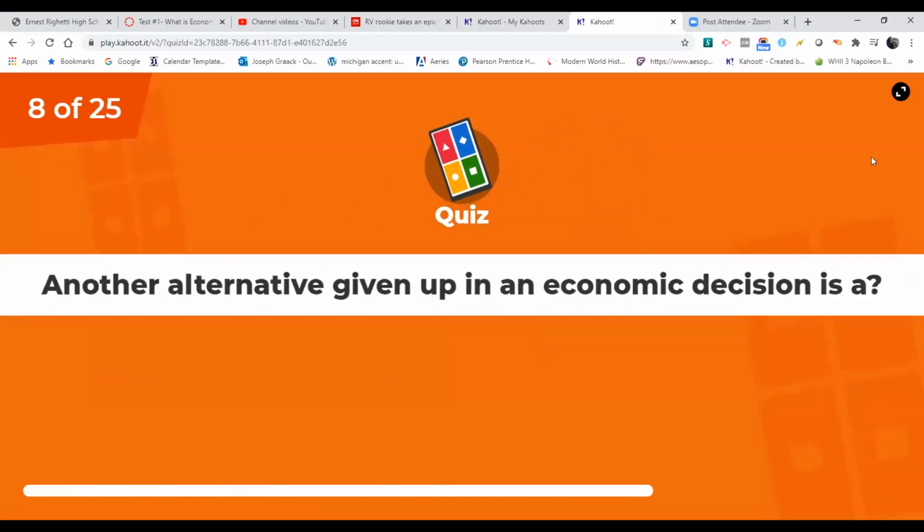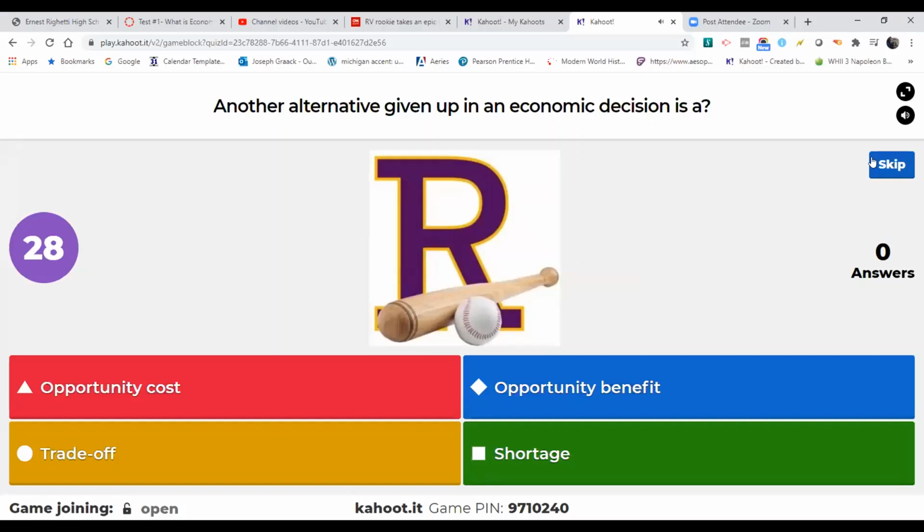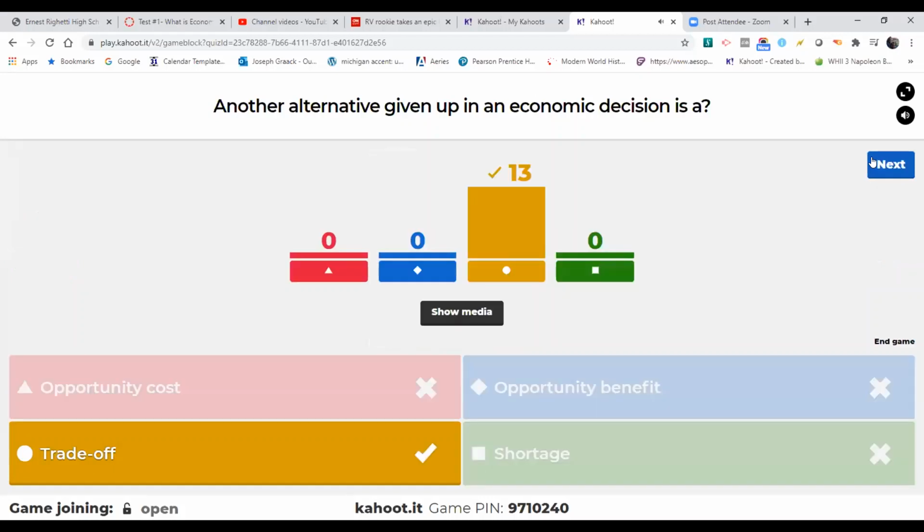Another alternative given up in an economic decision is what? Trade-off, right? Another alternative given up on an economic decision is a trade-off.